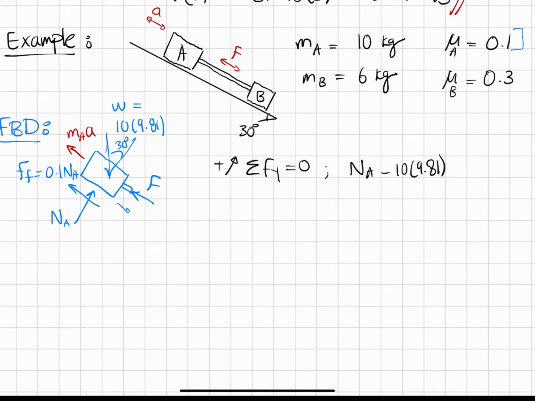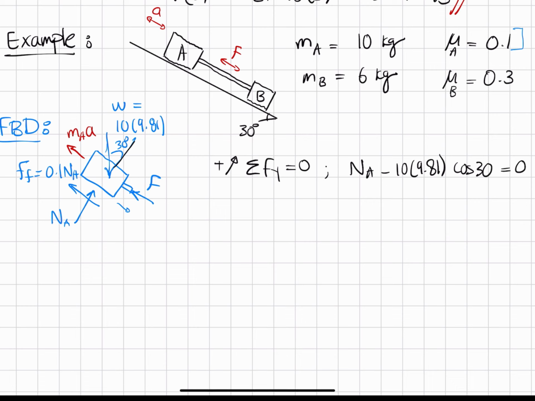That's the W, that's the weight. You have to align it with this angle here. So cosine 30. So you're aligning the weight with the normal to the surface. And this whole thing is equal to 0, right?